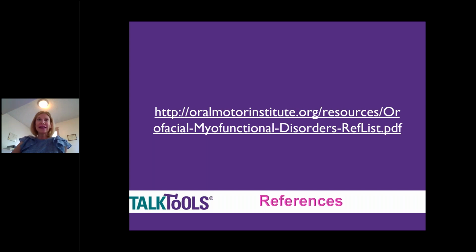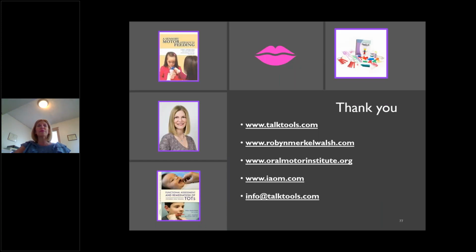So if you forget anything that I've said today, I've written an APA style research-based topic paper on OMDs in 0 to 4. And here's some references of all different things I've talked about today: Talk Tools, my website, the Oral Motor Institute, the International Association of Orofacial Myology.